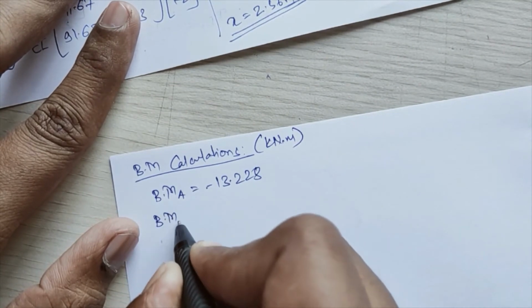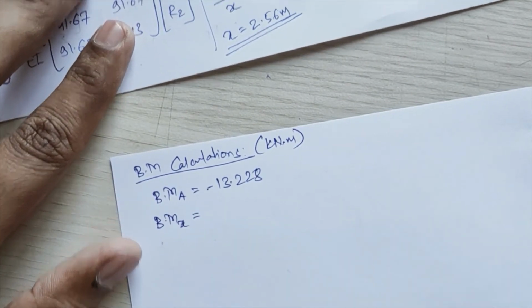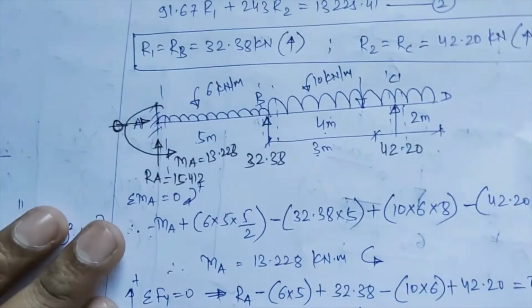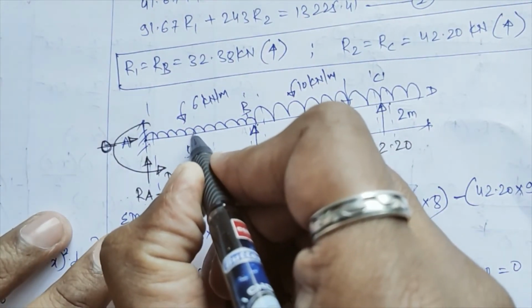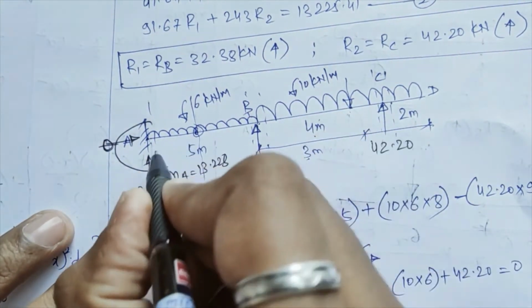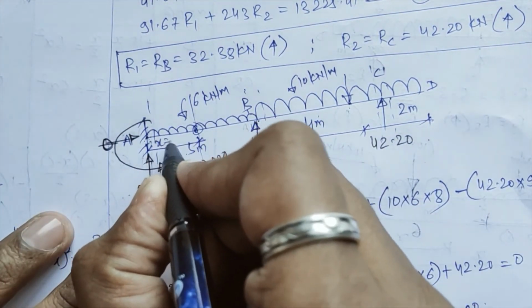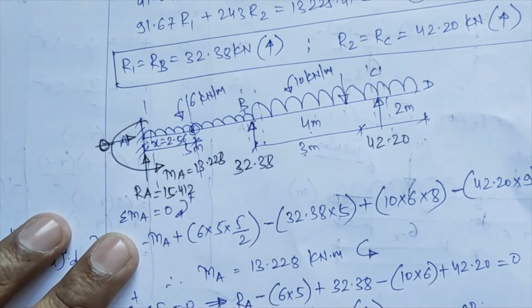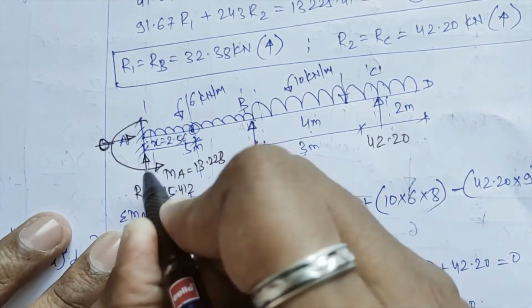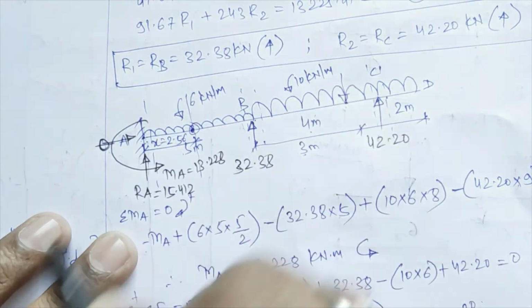Next, in the same way, I'll calculate the moment at my first point of contraflexure, that is the X point. So the moment at X, where X is at a distance of 2.56. You have to take the moment of all the forces from point A to this X point.